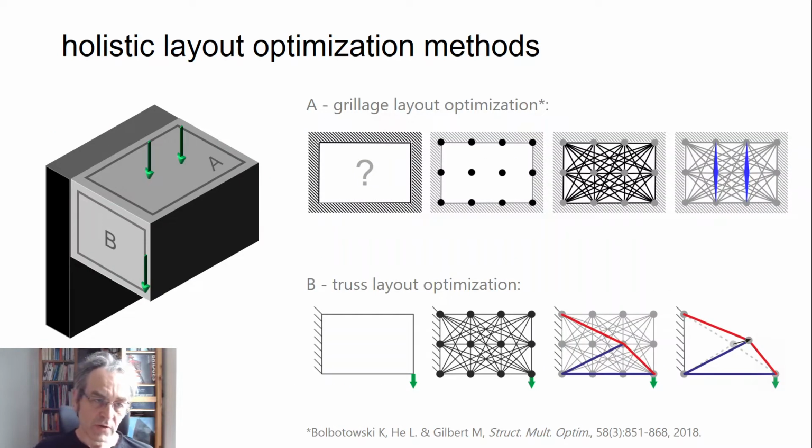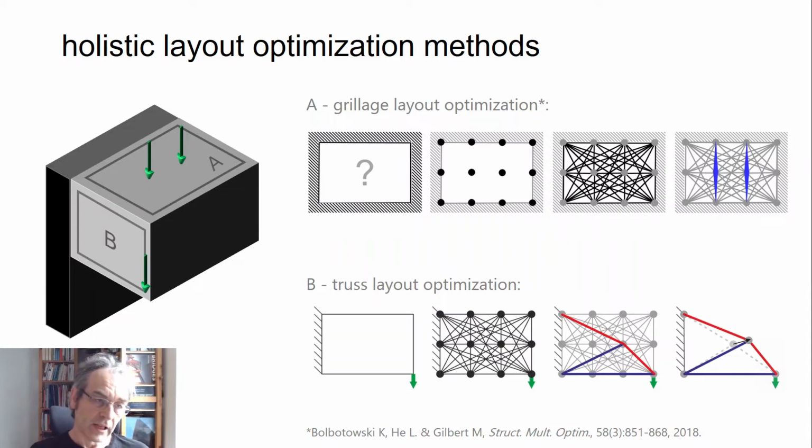What methods are we using? Well, we're using ground structure based layout optimization or topology optimization methods. So in this particular case, we have a gravity loaded cantilevered building example, slightly artificial, but what we have is a roof area with loads applied, and we can identify the most efficient layout of grillage members or beam members to withstand that loading.